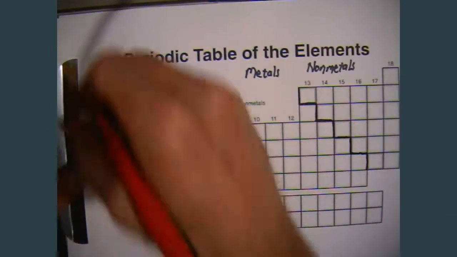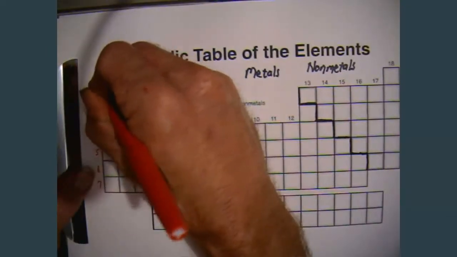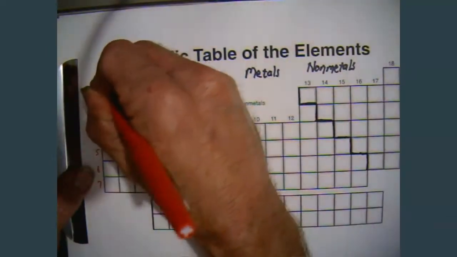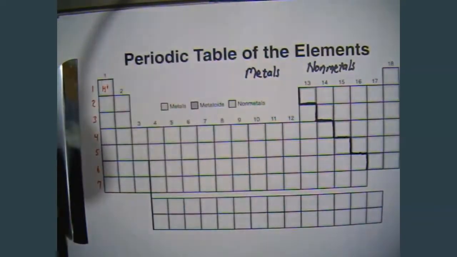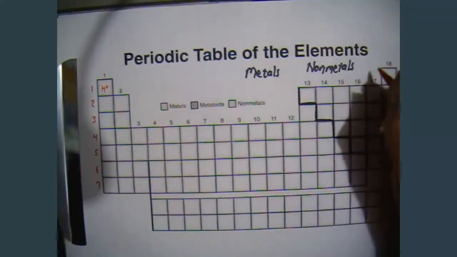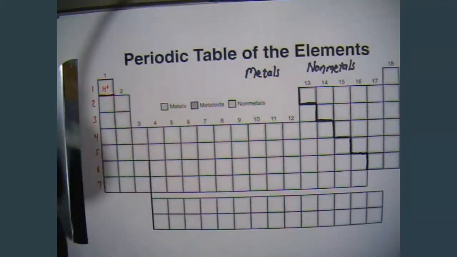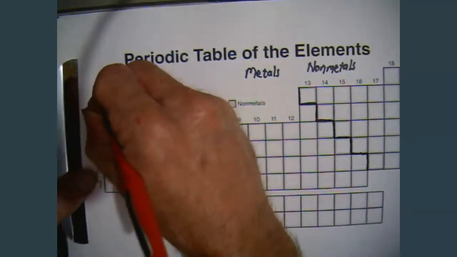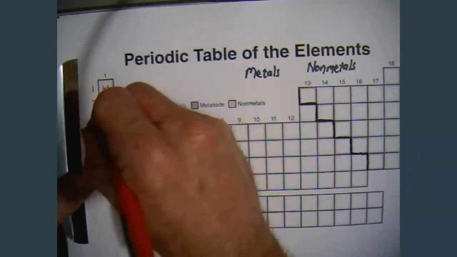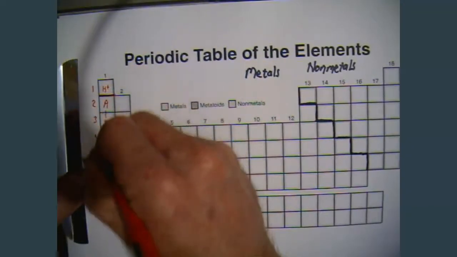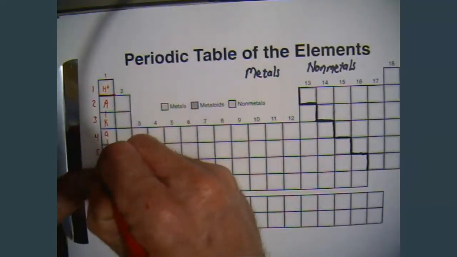First of all, we have hydrogen. Hydrogen is kind of its own little element there, and I went ahead and put an ionic charge on it. On some periodic tables, they actually have hydrogen over here as well. Sometimes there's an extra little gap right there, because hydrogen is not really an alkali metal, and that's what group 1 is, the alkali metals.